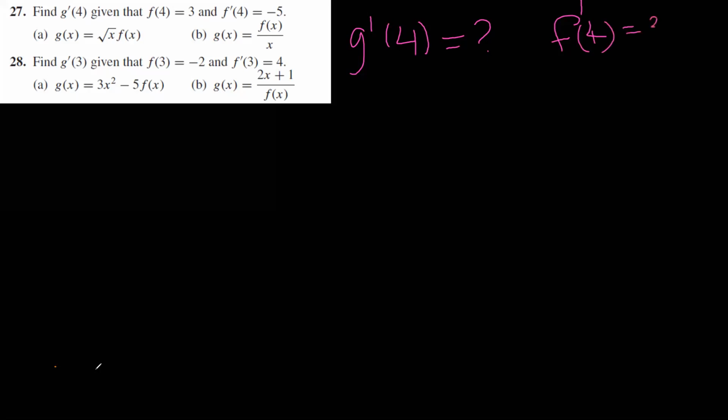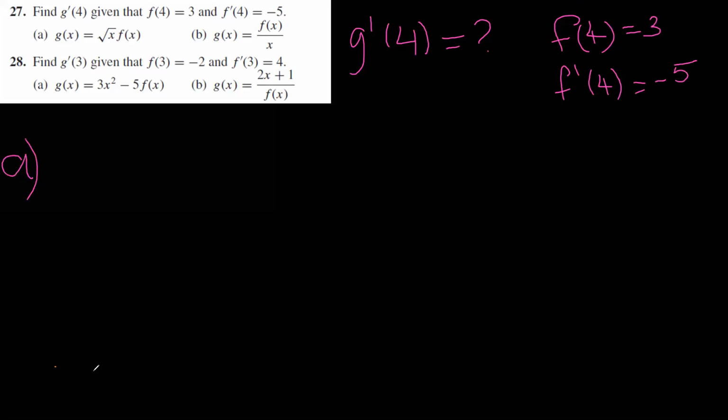So here, he told me to find g prime of 4, if you know that f of 4 is 3 and f prime of 4 is negative 5.